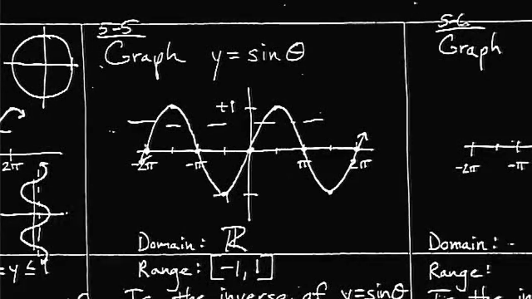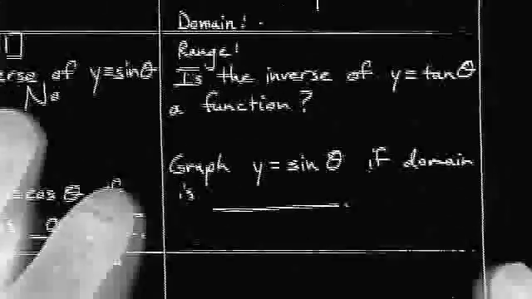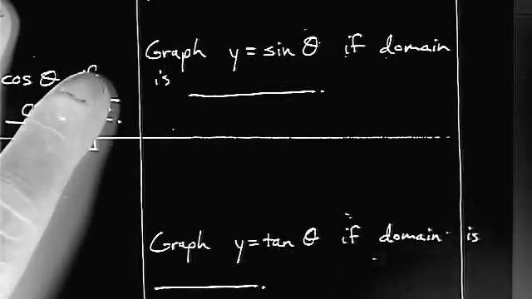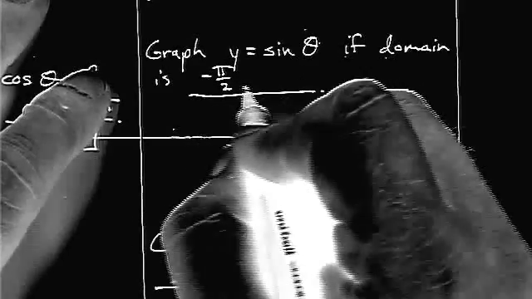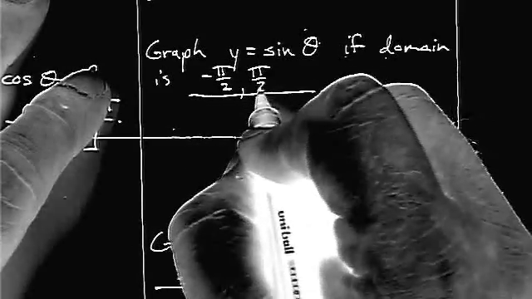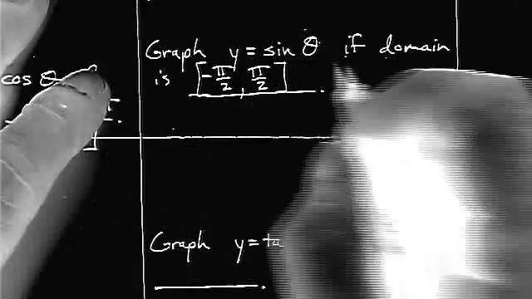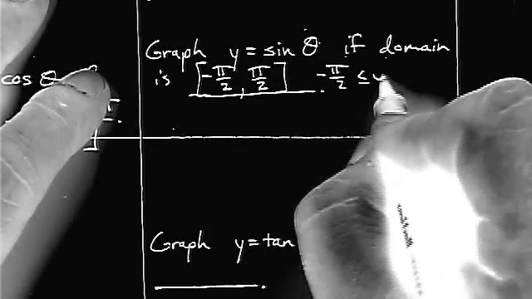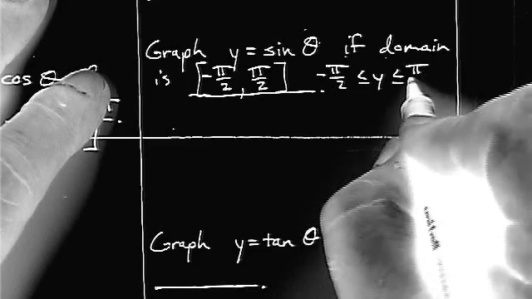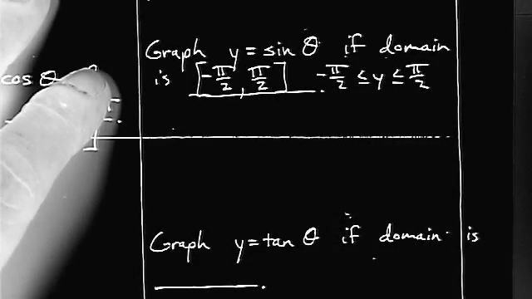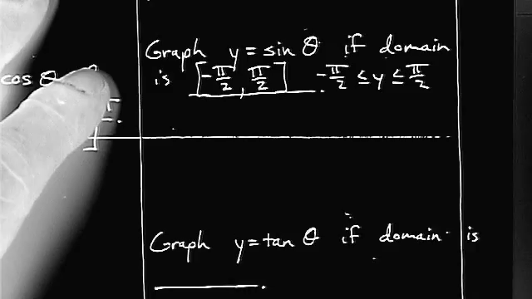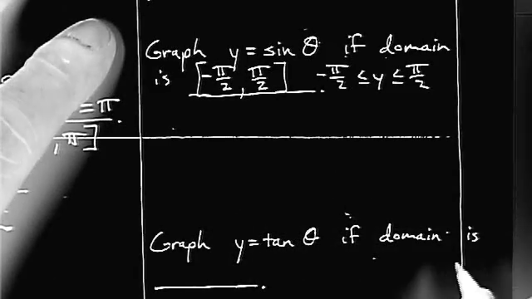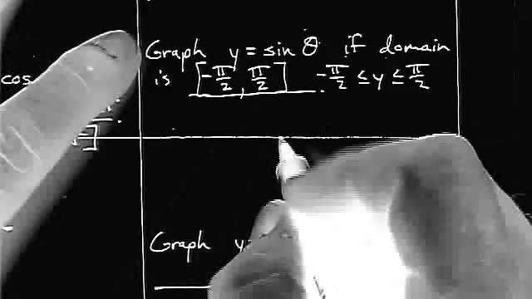Okay? So what does my graph look like if we restrict the domain from -pi over 2 to +pi over 2? Or like we said, -pi over 2 is less than or equal to y, which is less than or equal to pi over 2. Okie dokie.